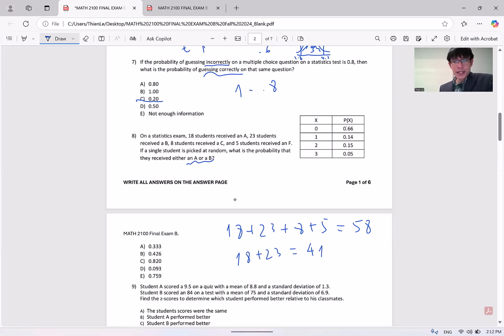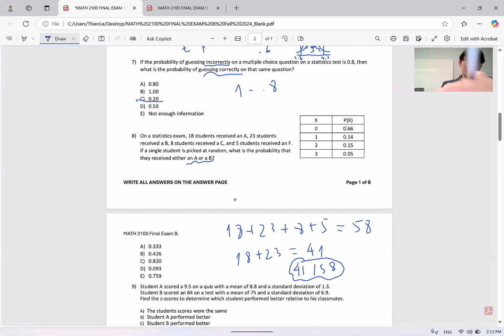Okay. So basically the probability that you randomly choose a student who receives either A or B will be simply 41 divided by 58, right? The total. The number of outcomes in this event, which is 41, divided by the total possible outcomes, which is the sample size, here in this case, 58.